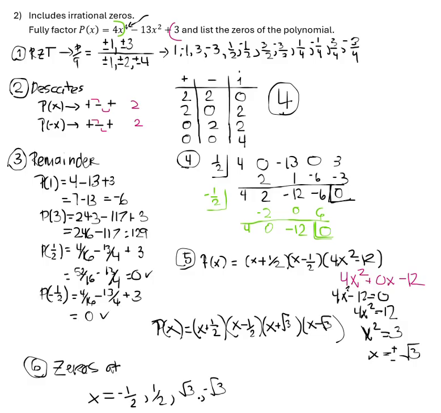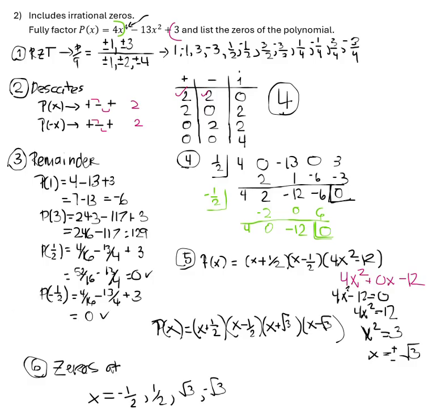This is 4 solutions. Notice what we've got here is 2 positive solutions, 2 negative solutions, and no imaginary solutions. The negative 1/2 and the positive 1/2 would be rational, meaning they can be written as a fraction. And the square root of 3 and the negative square root of 3 would be irrational.